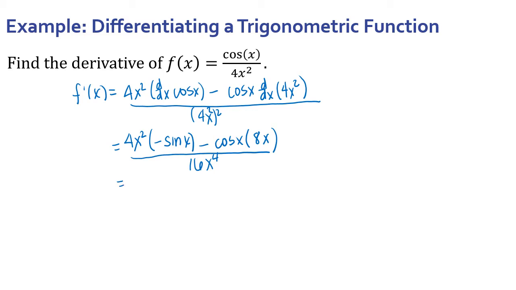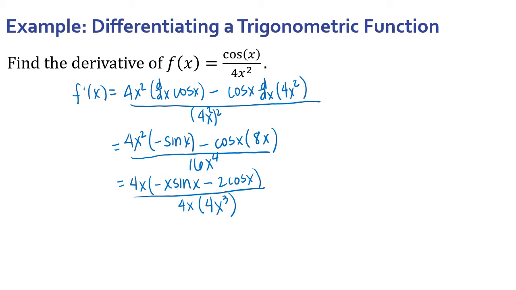Okay, so now let's simplify. I can factor out of both terms in the numerator a 4x. So if I factor that out, I'm left with negative x sine of x minus 2 cosine of x, all over the quantity 16x to the fourth, which I could rewrite as 4x times 4x cubed.